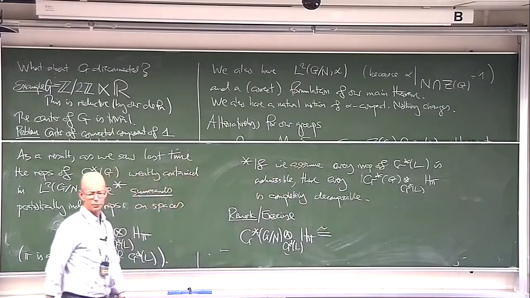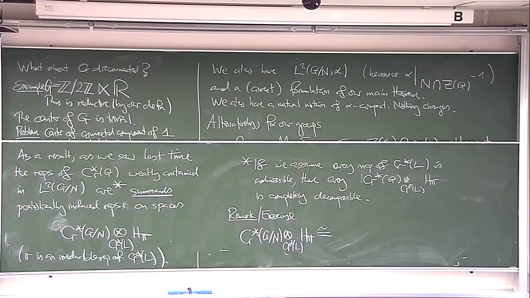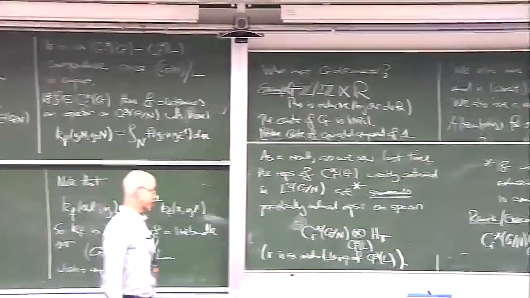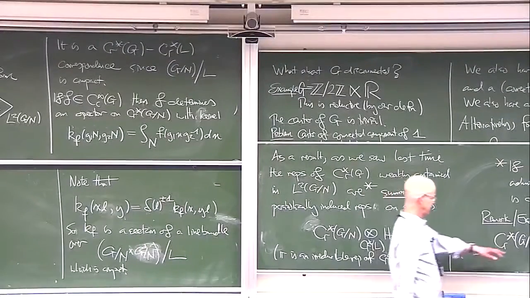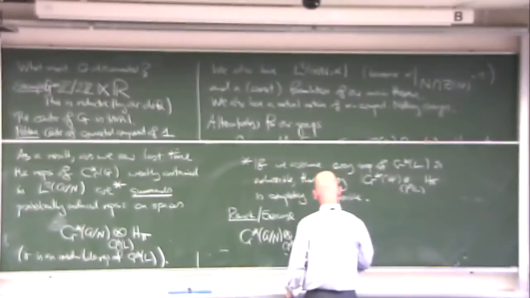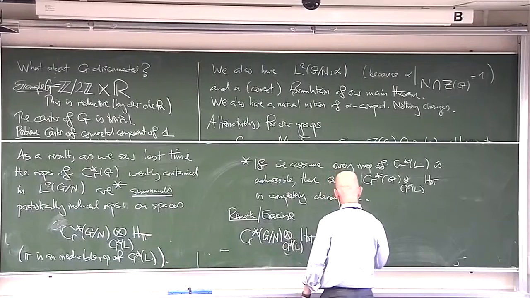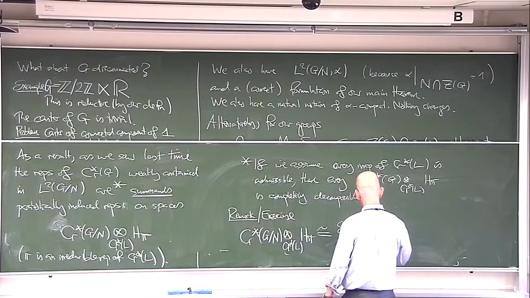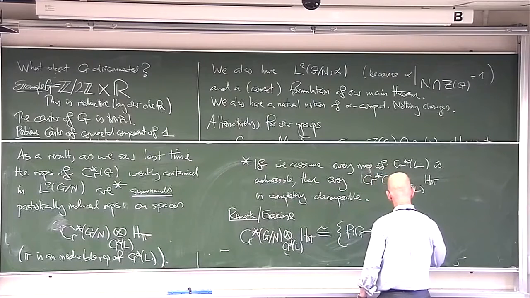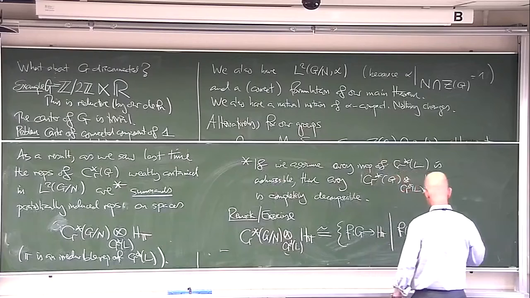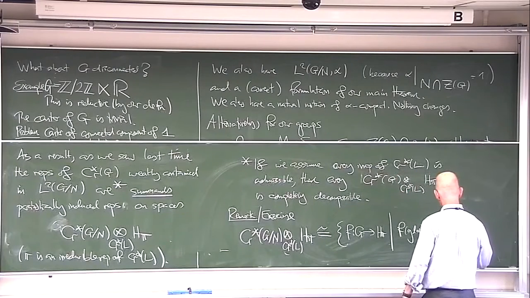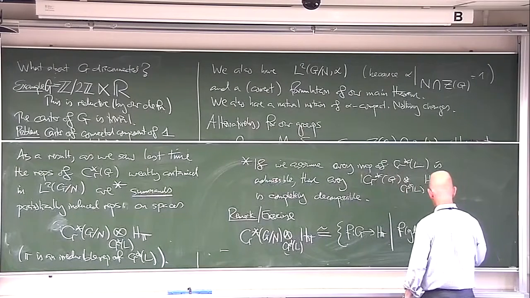This construction as a balanced tensor product is a kind of a difficult thing to think about, but in fact, this is equal to a much more concrete space. This is isomorphic to just functions from G into H pi, which satisfy a condition that's familiar from induction theory, namely f of g l n is equal to basically f of g with l acting on it.